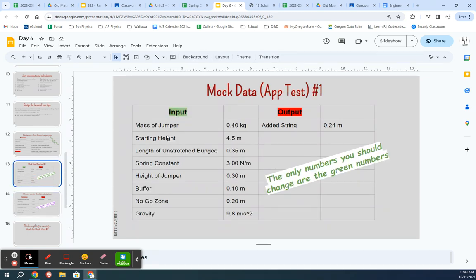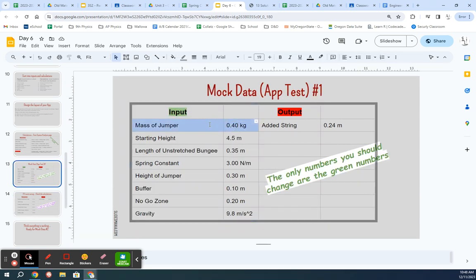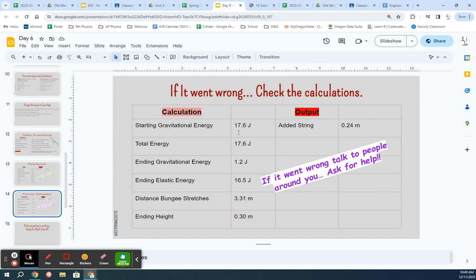So what it should be is our mass times g, or 9.8, times our starting height. If it multiplies those three things together, that's the value it should get. And if yours is getting something other than that, check the formula, check the input, make sure that your values are calculating correctly. But what you should be getting is 17.6 or 17.64, but it should probably round that off for you.